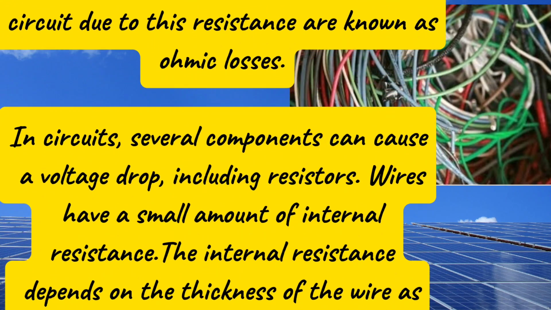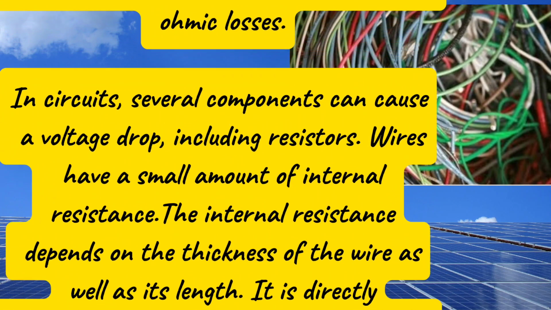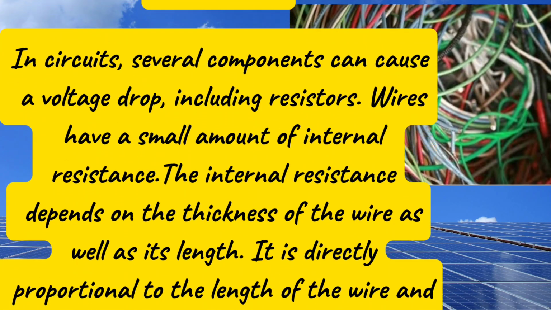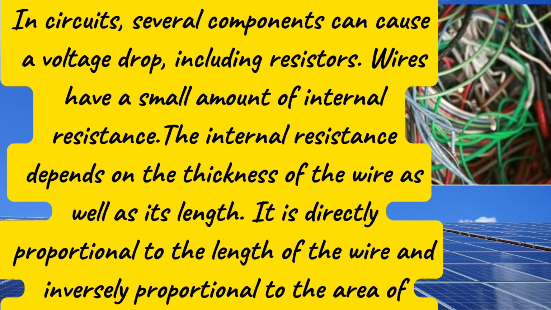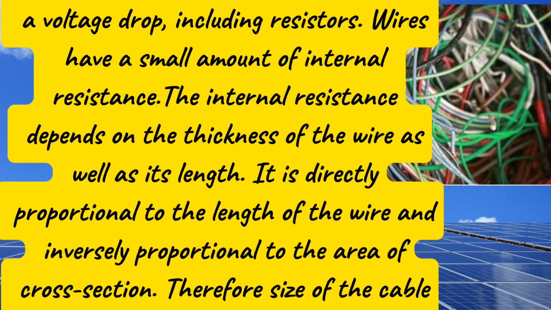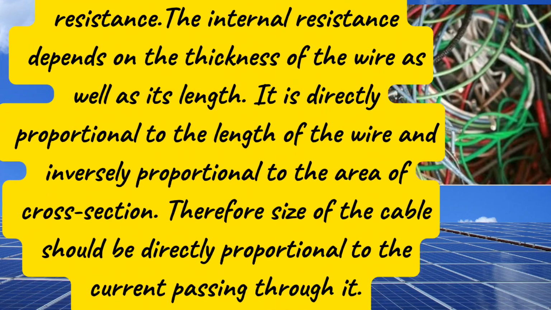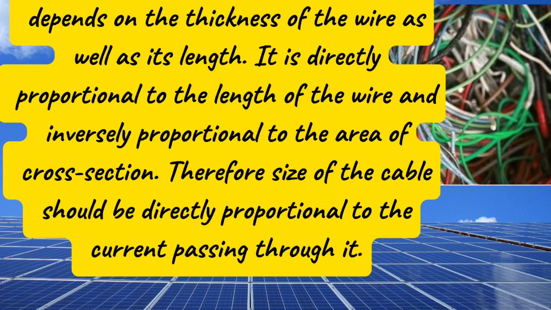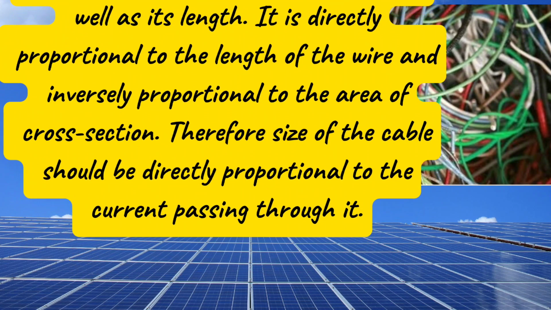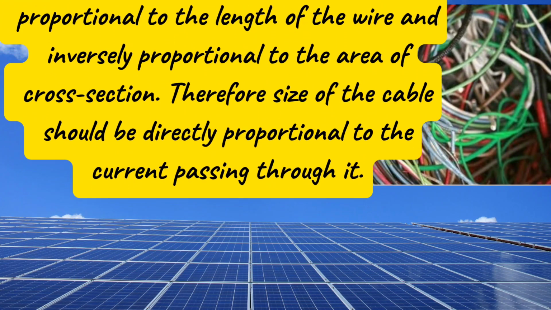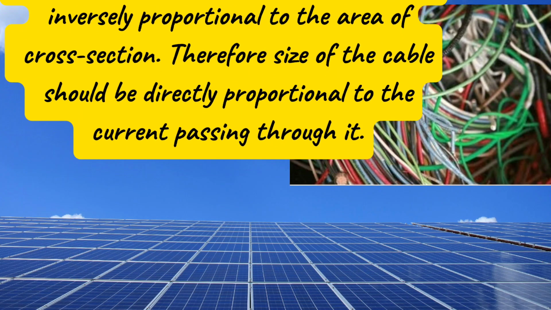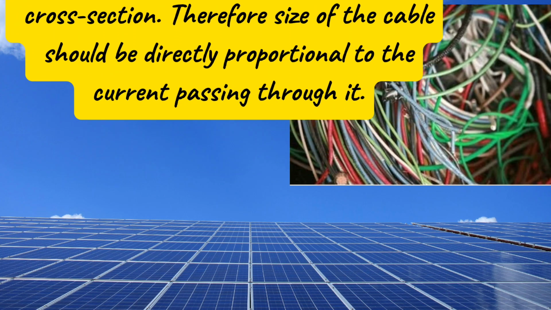In circuits, several components can cause a voltage drop, including resistors. Wires have a small amount of internal resistance. The internal resistance depends on the thickness of the wire as well as its length. It is directly proportional to the length of the wire and inversely proportional to the area of cross section. Therefore, the size of the cable should be chosen according to the current passing through it.